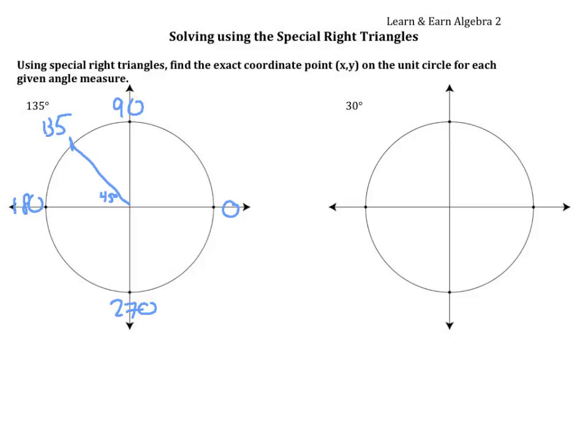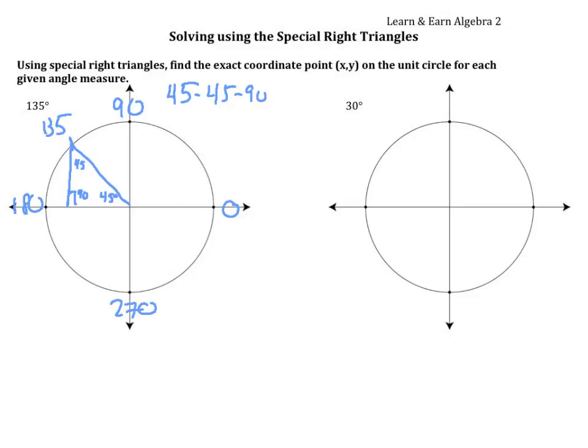Now, I'm going to use a rule for special right triangles called 45, 45, 90. I'm going to draw a straight line down to the x-axis, and because that straight line is perpendicular, that angle is 90 degrees. So if this angle is 90 degrees, my reference angle is 45, this angle is also going to be 45 degrees.